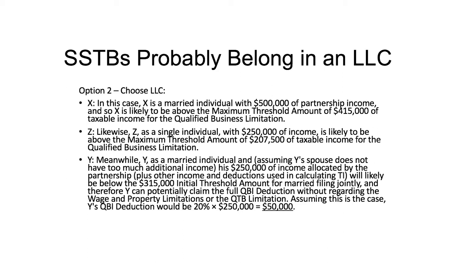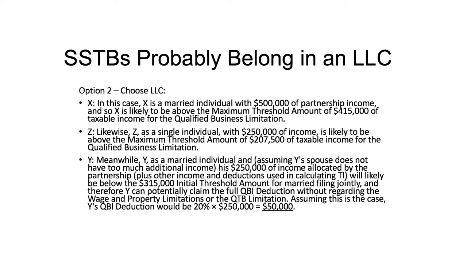If this was an S corporation, and Y was deemed to be paid $100,000 under the reasonable compensation rules, it would only be $150,000 times 20%, which would be $30,000. That makes a big difference.